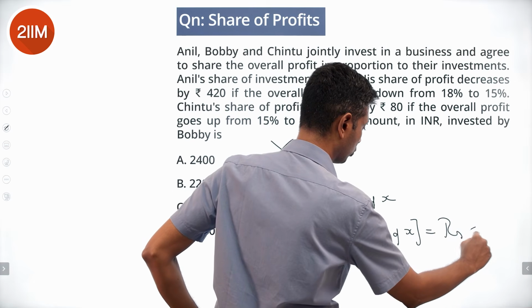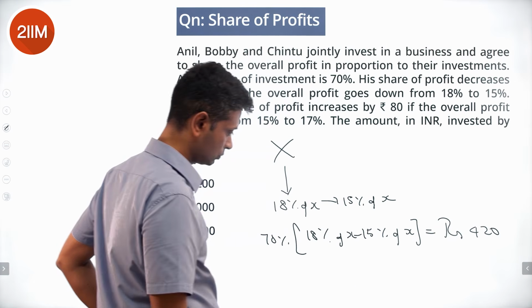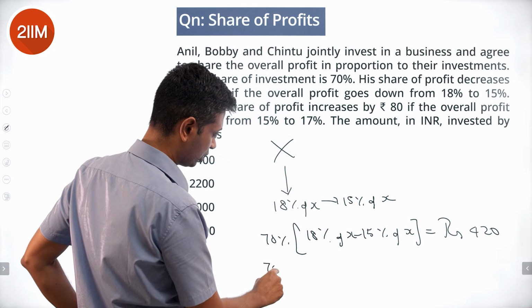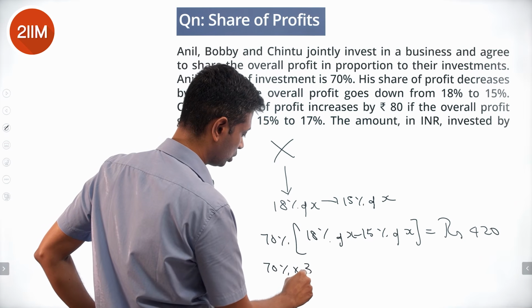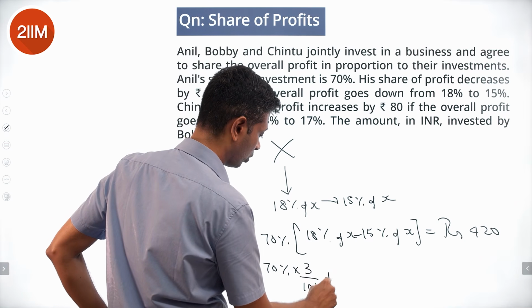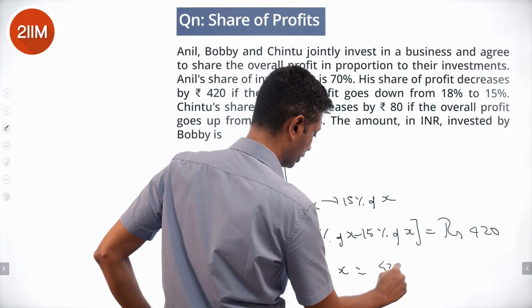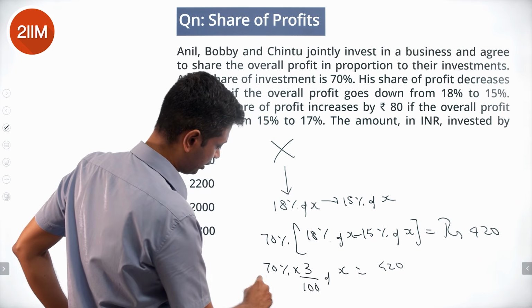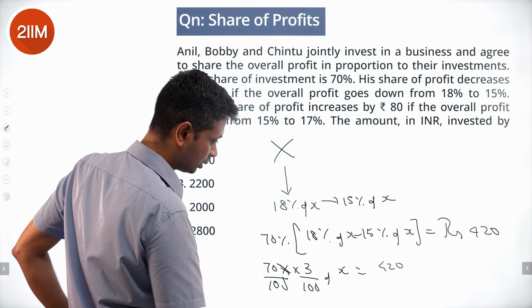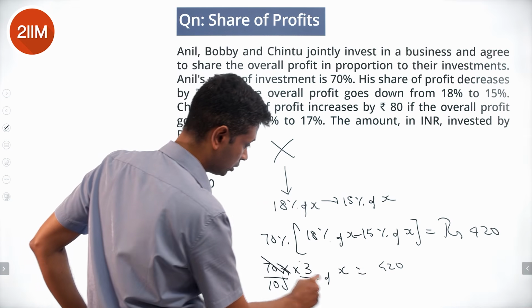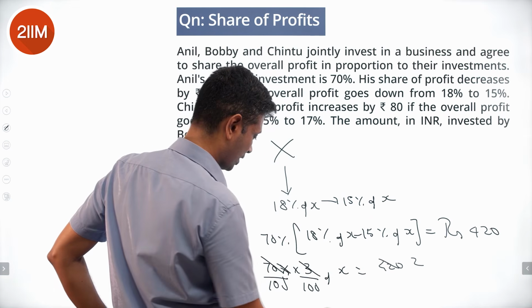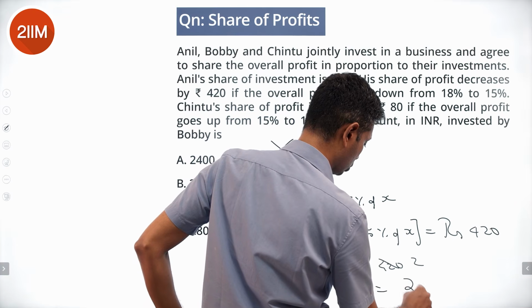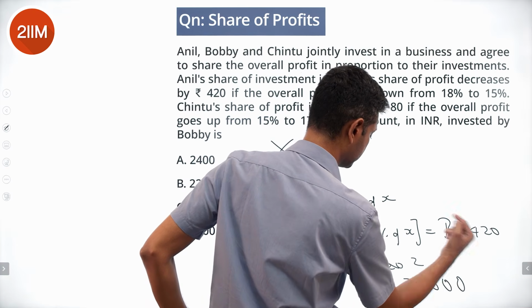equals rupees 420. This is 3% of X. 70 into 3% of X is 420. 70 by 100. Let's take 70 into 3 is 210. This is 2. So X is 20,000.